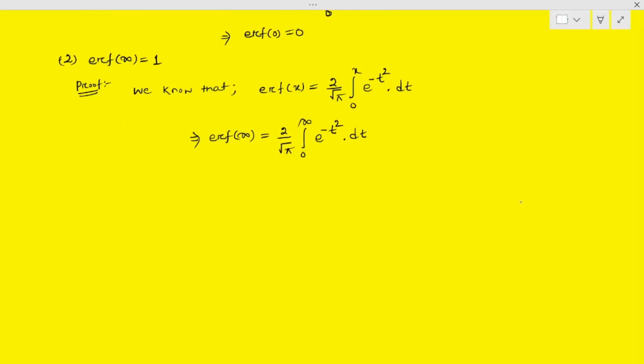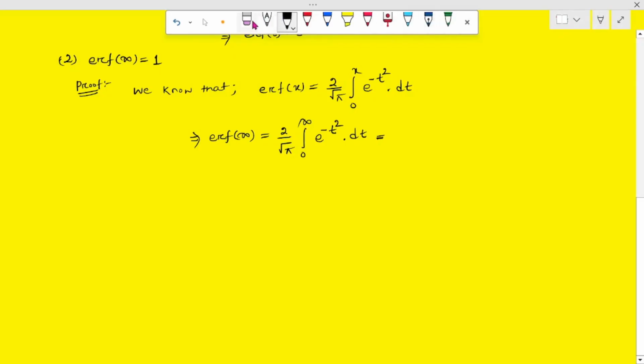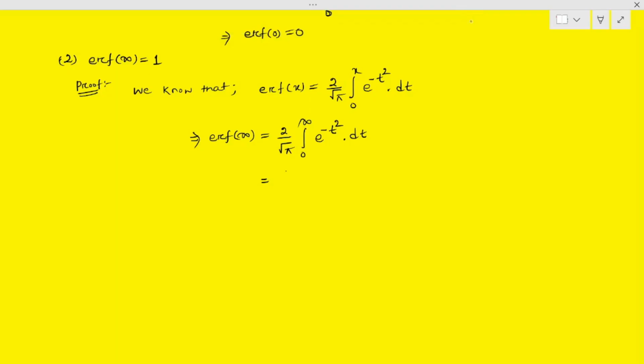You may remember, we have already discussed this. First I have to write this integral as 2 by root pi, integral from 0 to infinity. Here there is a 1, so instead of 1 we can write t to the power 0 into e to the power minus t square dt.